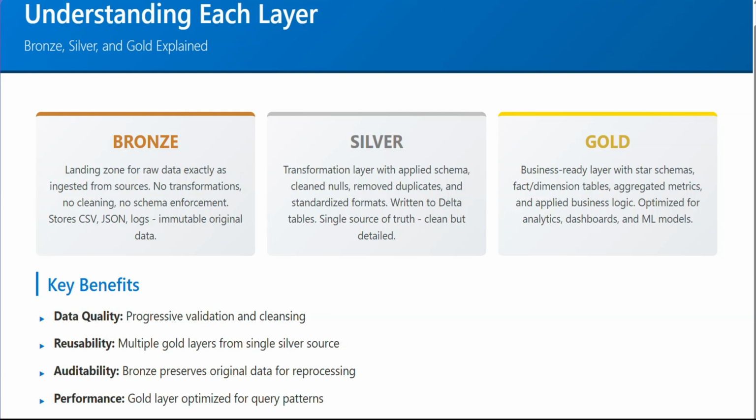So in this lab, we will build all three layers using Spark notebooks. For bronze, we'll simply upload CSV files to a files folder. No transformation needed. This is our raw data archive.